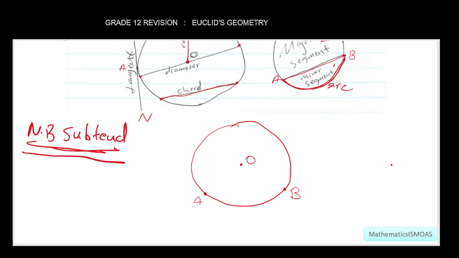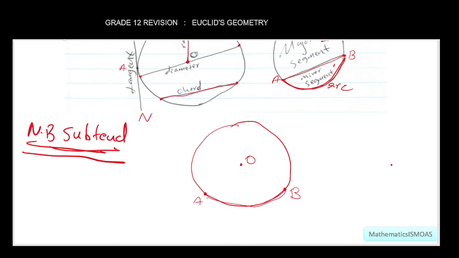What do we mean by subtend? If I draw a straight line from point A and another straight line from point B, where those straight lines meet, they make an angle. That angle will be subtended by arc AB.